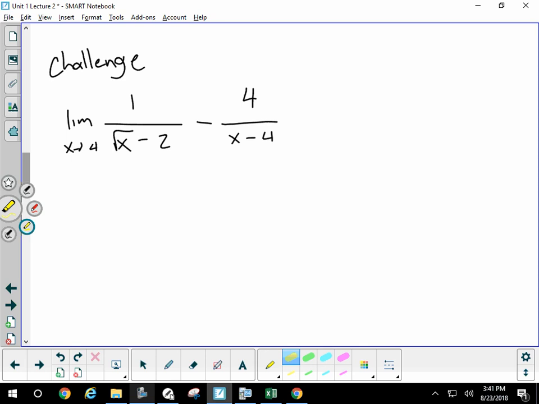All right. After thinking about the first move, I realized that if I multiply the top and the bottom of the left fraction by root x plus 2, this denominator turns into x minus 4, which is the same as this denominator. So we combine those two fractions just by doing that.